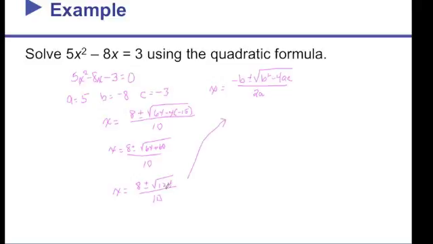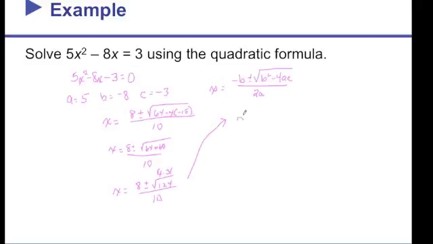Now, we need to simplify the radical. A perfect square that fits into 124, you'll find that's 4 times 31. And you do need to know your perfect squares to be able to simplify.